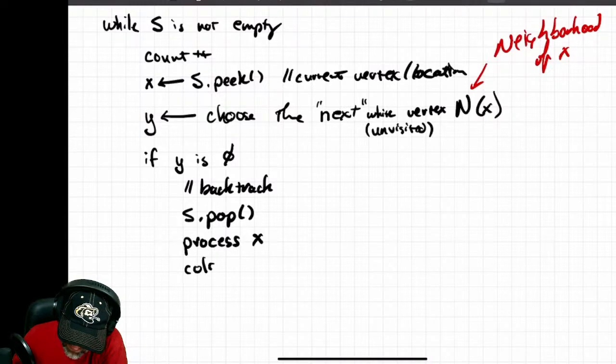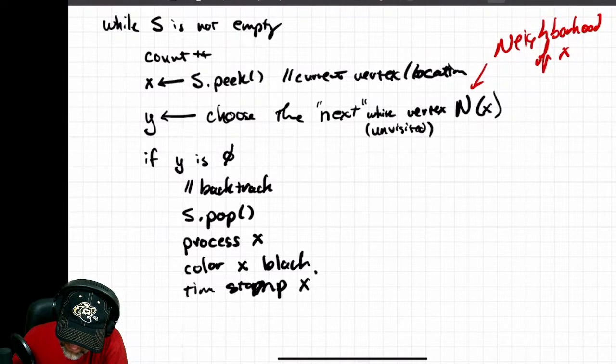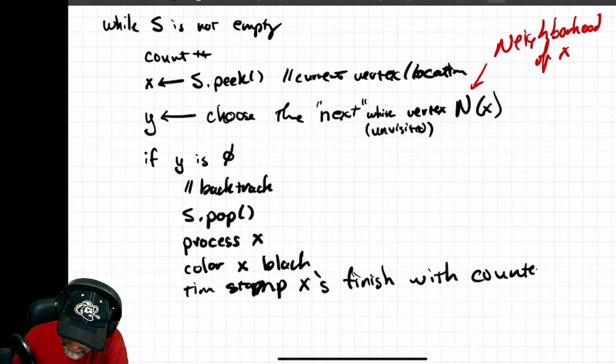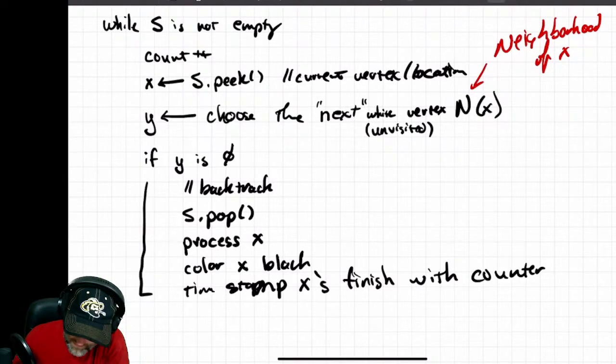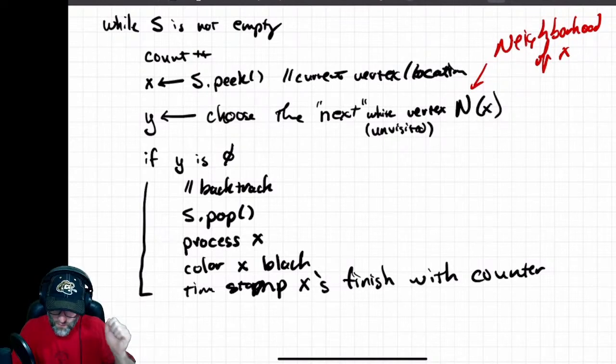We color x black, right? It's done. And we timestamp x's finish with counter, right? That's the backtracking. We're done with x.